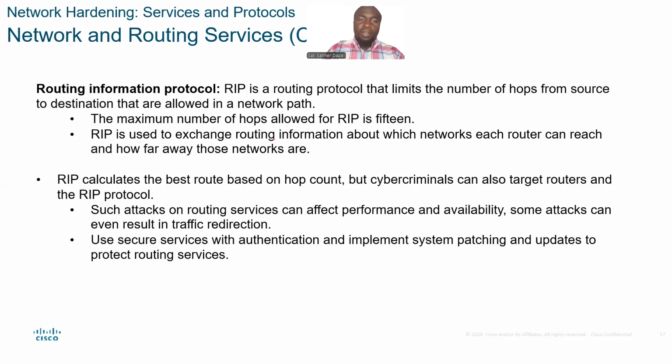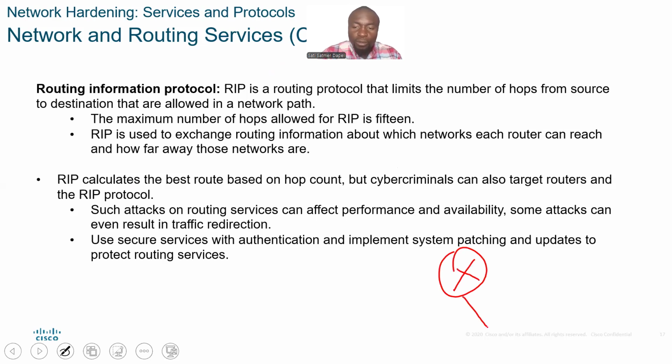Another one is the Routing Information Protocol. It's a service that helps the router in taking its decision. Remember, we said the router does path determination. For instance, this is a router, and it has legs to go to different places.